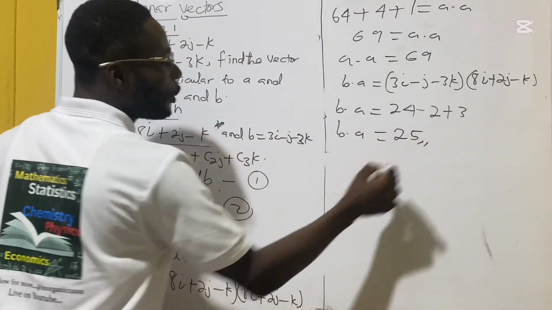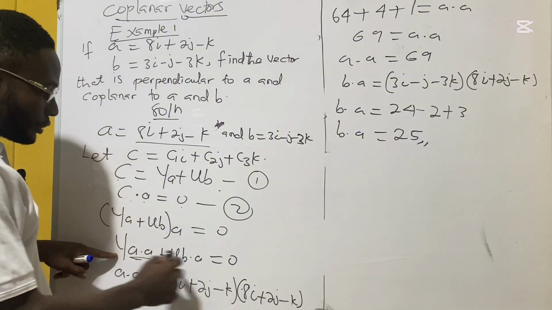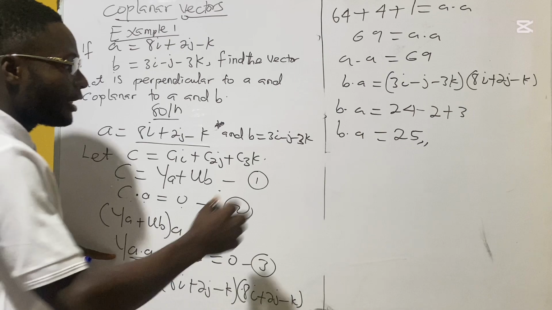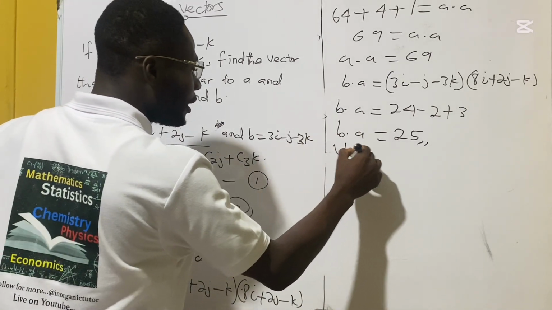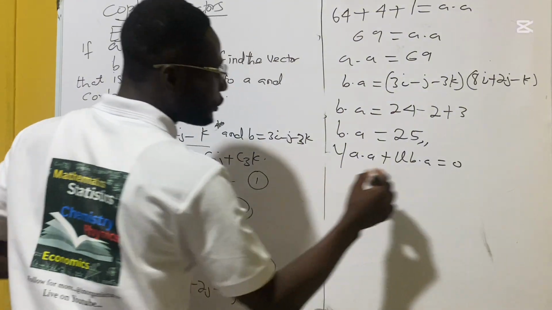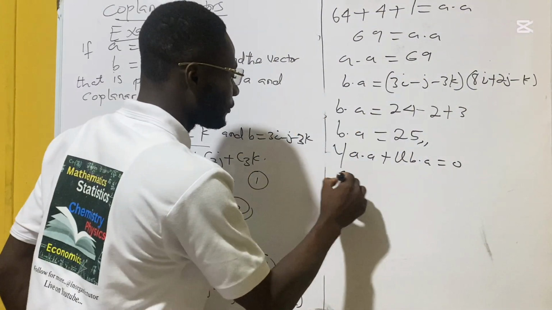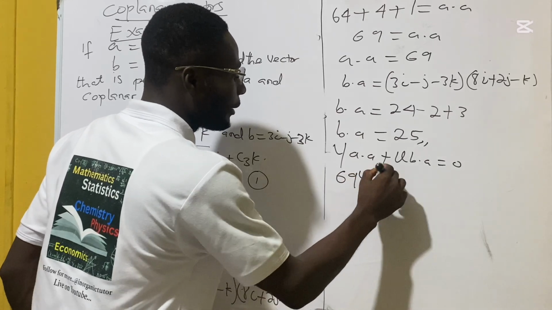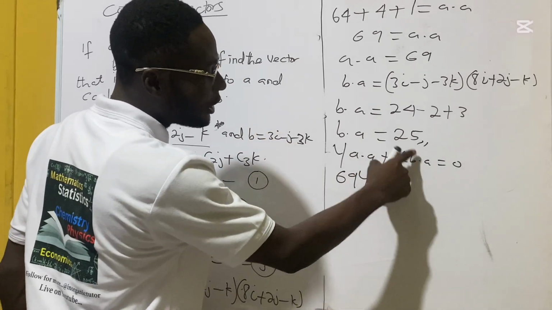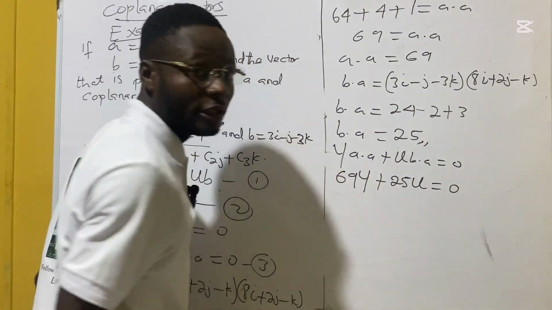Okay, so we have B dot A, we have A dot A. So let's substitute into, let's say this is equation 3. We substitute into 3, and we have gamma times A dot A, which is 69, plus mu times B dot A, which is 25, equals 0.